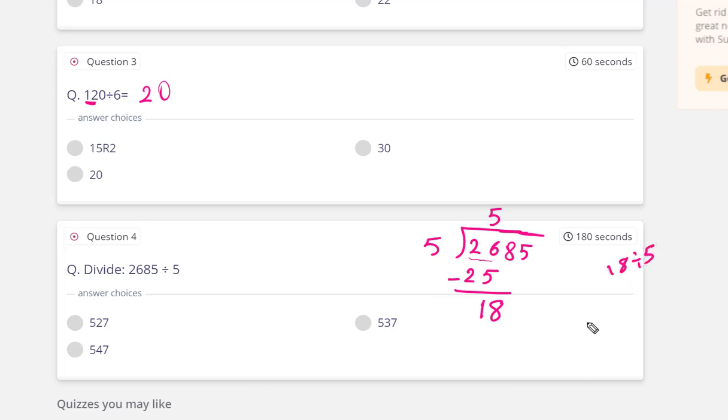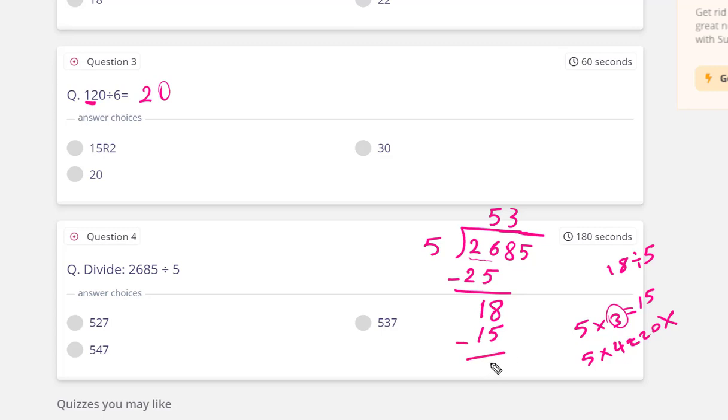You remember that 5 times 3 equals 15, and 5 times 4 equals 20. My hero, I want the steps. So we cannot use 20, we will use 15. The 3. And 3 times 5 is 15.